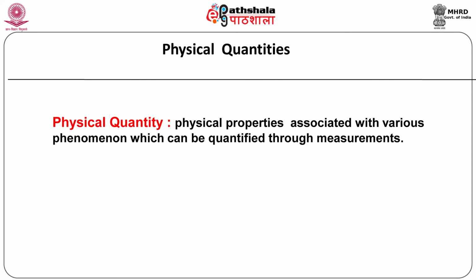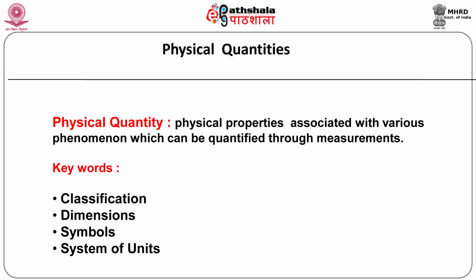As mentioned in the beginning, we deal with physical properties associated with various kinds of phenomena which we try to quantify using measurements or computations. Such physical properties are known as physical quantities. Symbols, system of units, the concept of dimensions, and the ways of classification are some of the basic aspects which must be known to us.